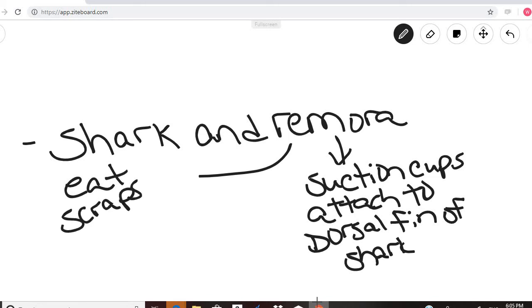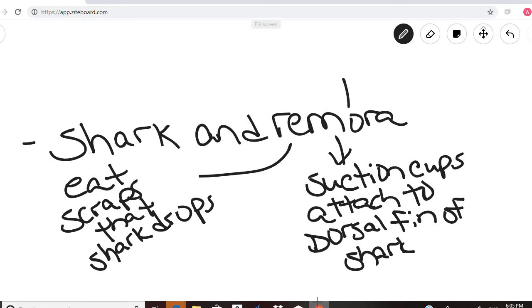So that's the way that the remora benefits from that relationship. But how does the shark benefit? Well, the other thing that the remora will do is eat the parasites that are growing on the shark.